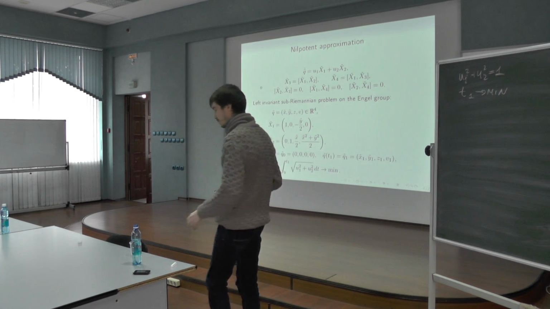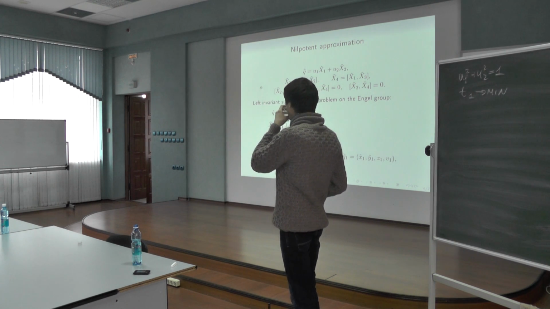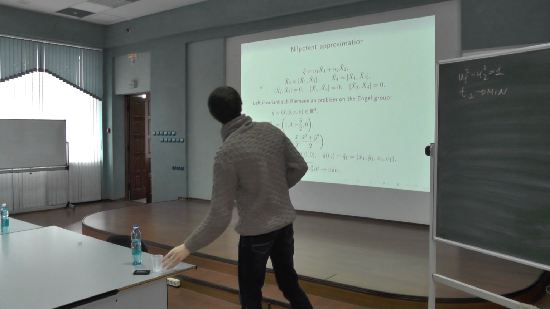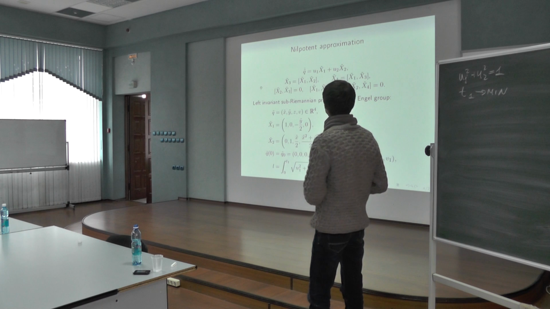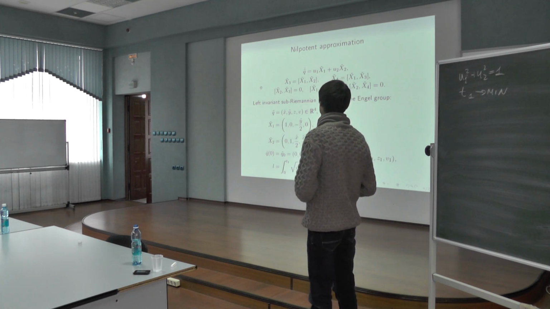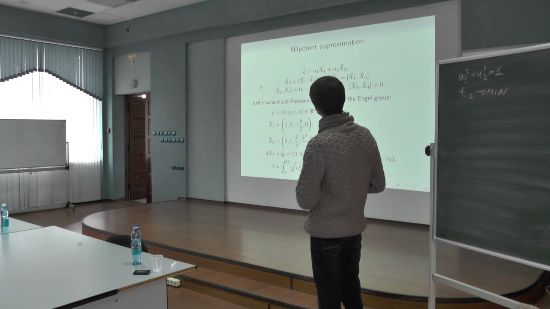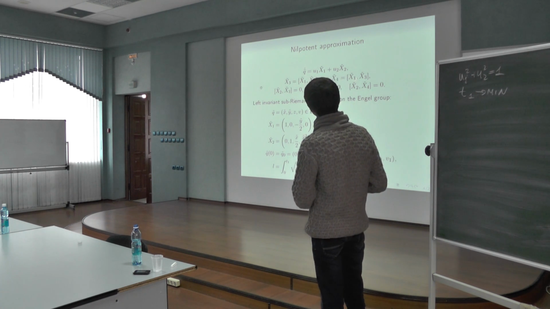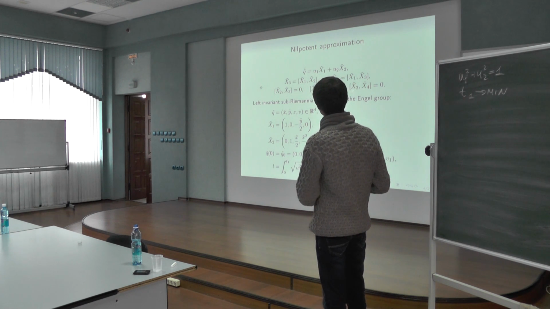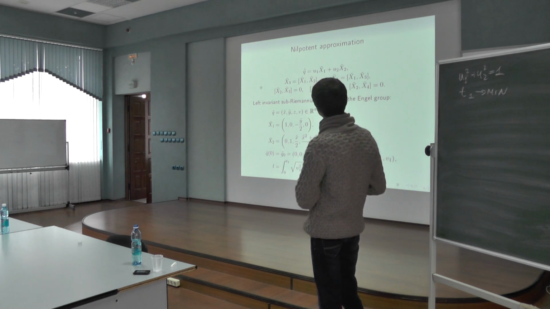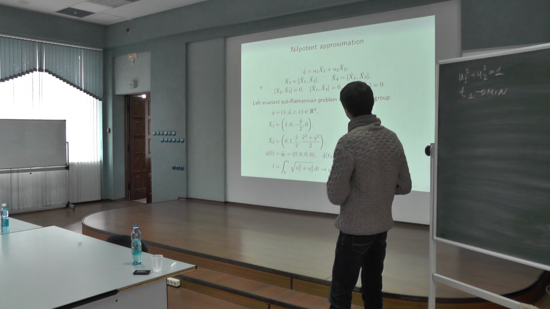So to construct the nilpotent approximation, we have to consider the following control system, which is also linear on controls, and this system is defined by a nilpotent algebra. This algebra is defined by this table, and commutators of vector fields vanish at some step.